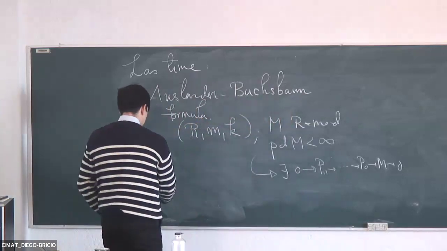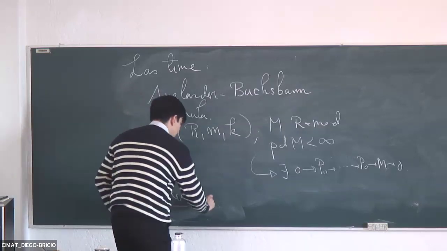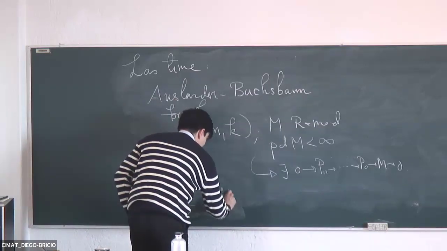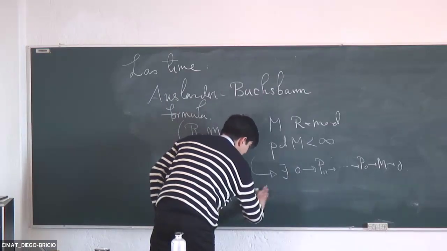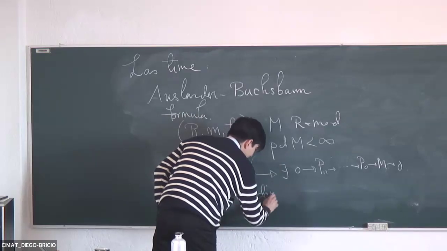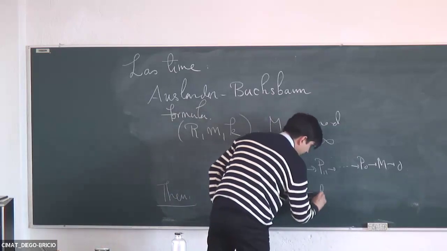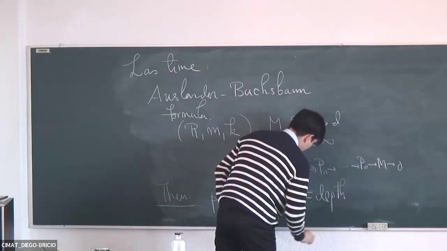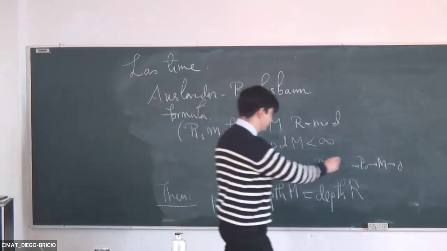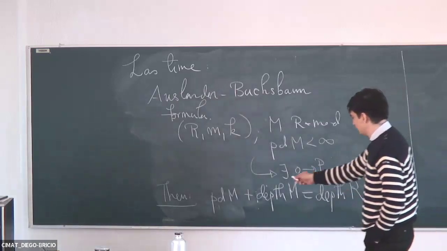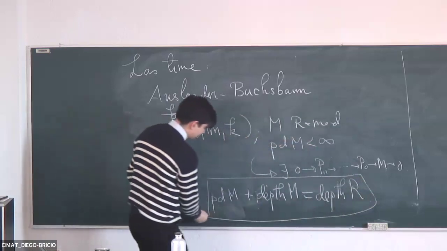Then the following formula holds. The projective dimension of N plus its depth equals the depth of R. And so this is the content of the previous lecture. This formula right here.